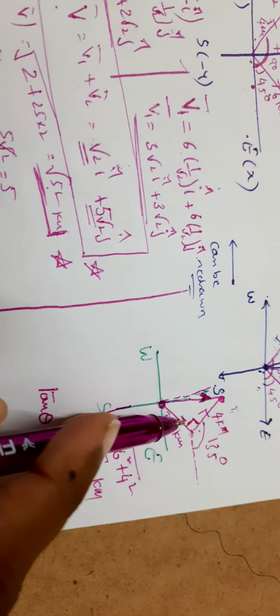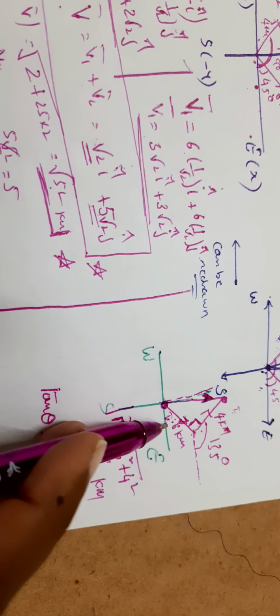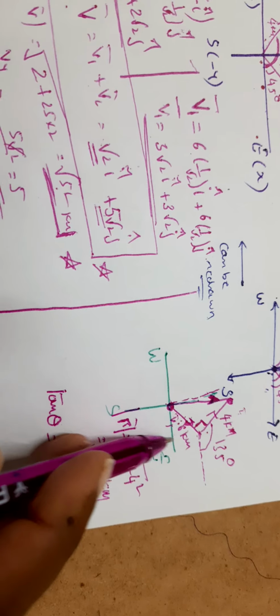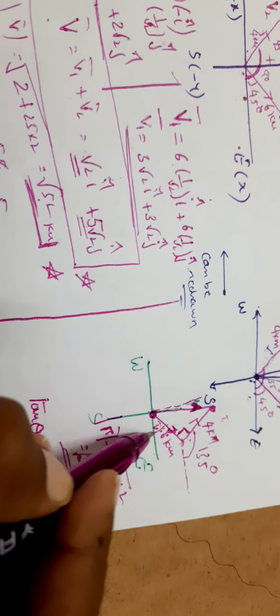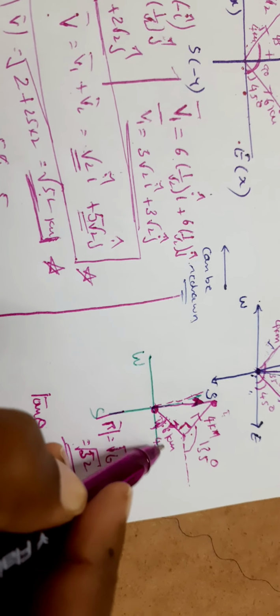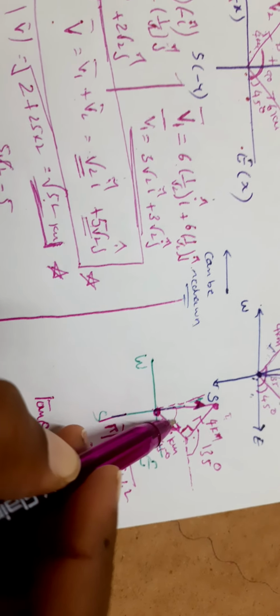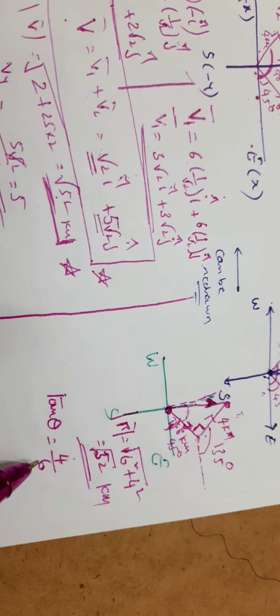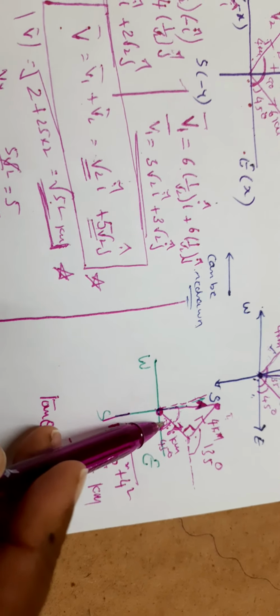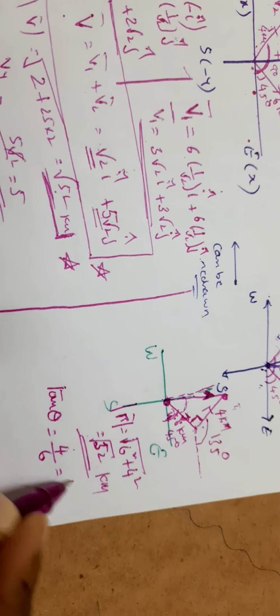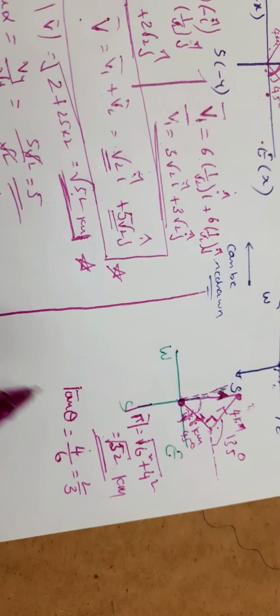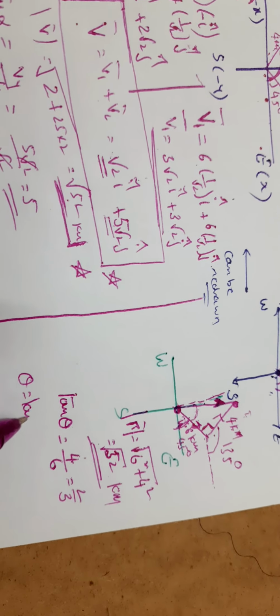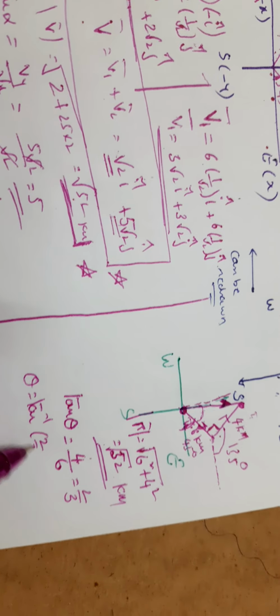I am finding it with respect to the 6 vector, because that is already at 45 with east, so my job becomes very easy. I find this angle so that I can add the two. Tan theta is equal to 4 by 6, that is 2 by 3, so theta is equal to tan inverse 2 by 3.